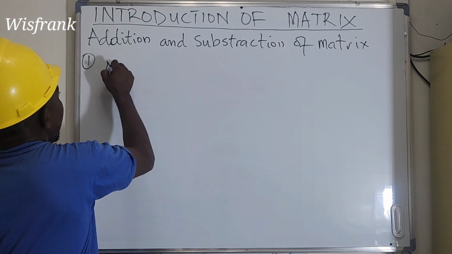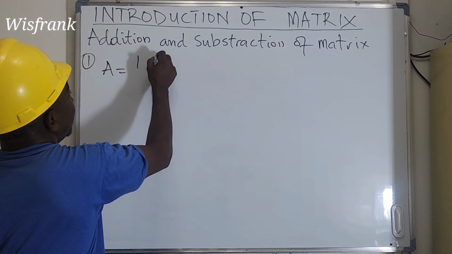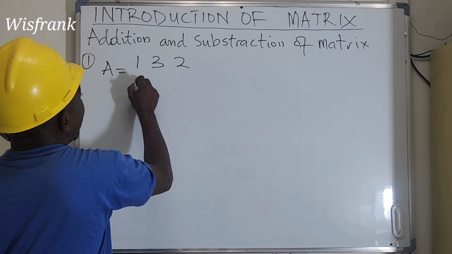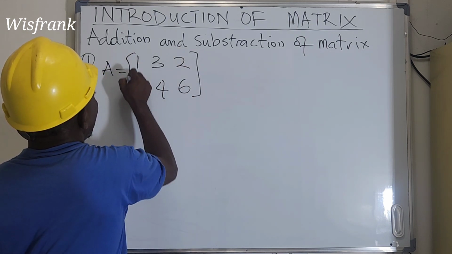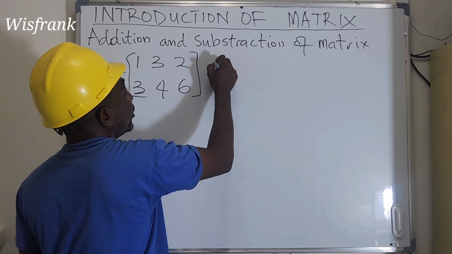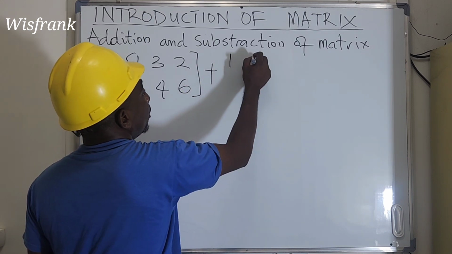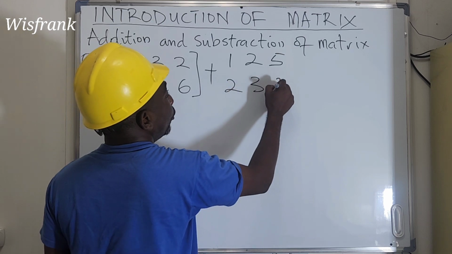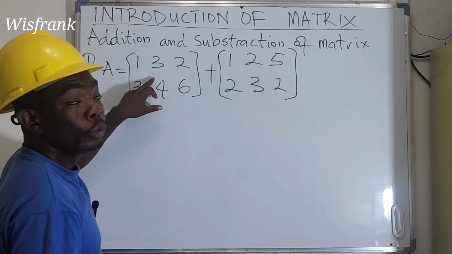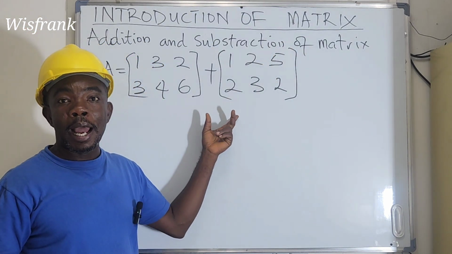We have A equals 1, 3, 2, then 3, 4, and 6. The next one is B, which is 1, 2, 5, 2, 3, and 2. So we have these 2 by 3 matrices to add together.